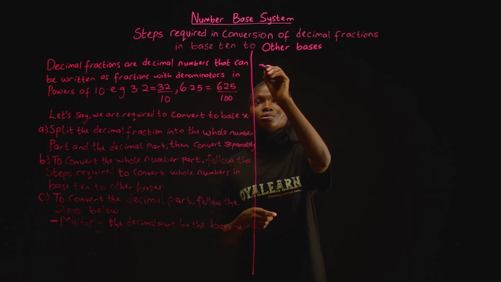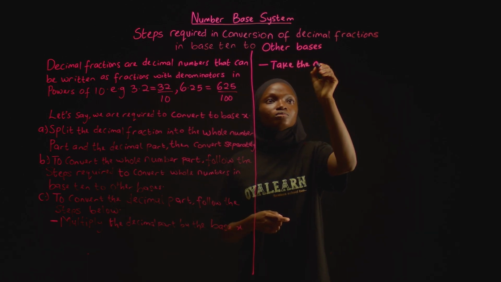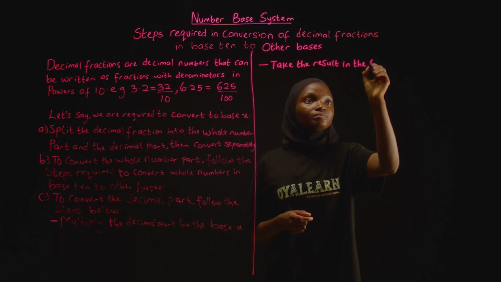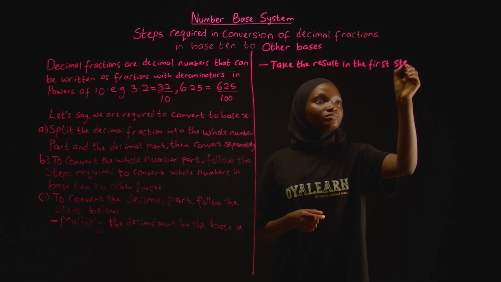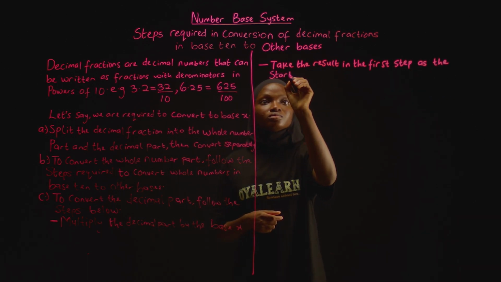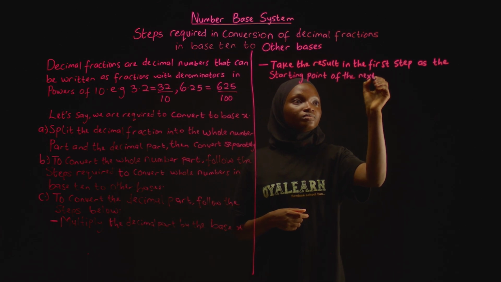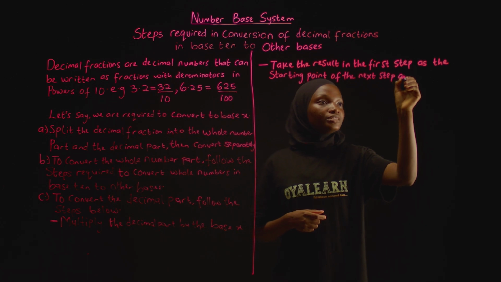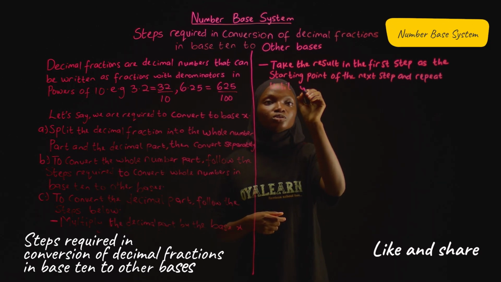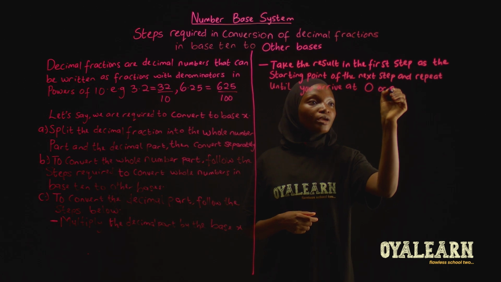Now the next step, after this step, we take the result that was gotten in this first step as the starting point of the next step, and repeat until you arrive at 0 or a periodic number.